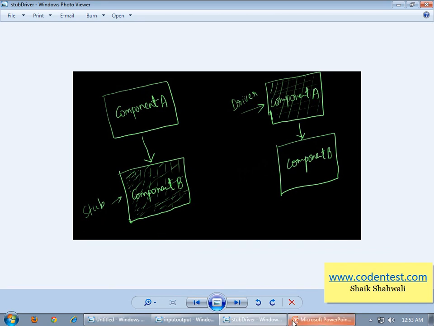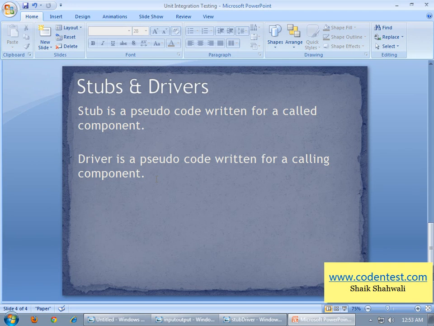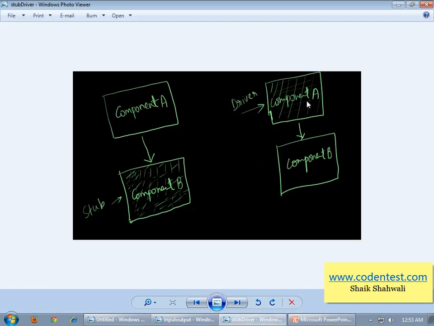Now we have drivers. A driver is pseudocode written for a calling component. Let's see the diagram again. Now let's assume component B is developed, but component A is not developed. To support component B, pseudocode is written for component A, and this pseudocode is called a driver.